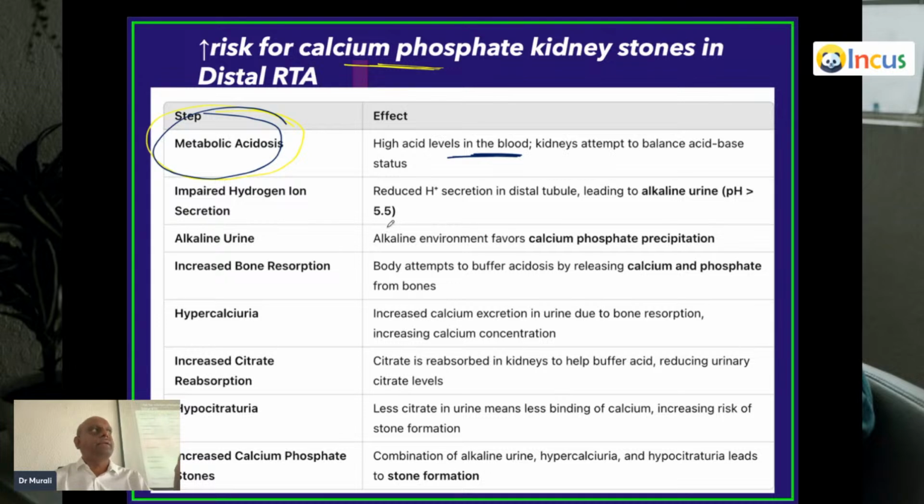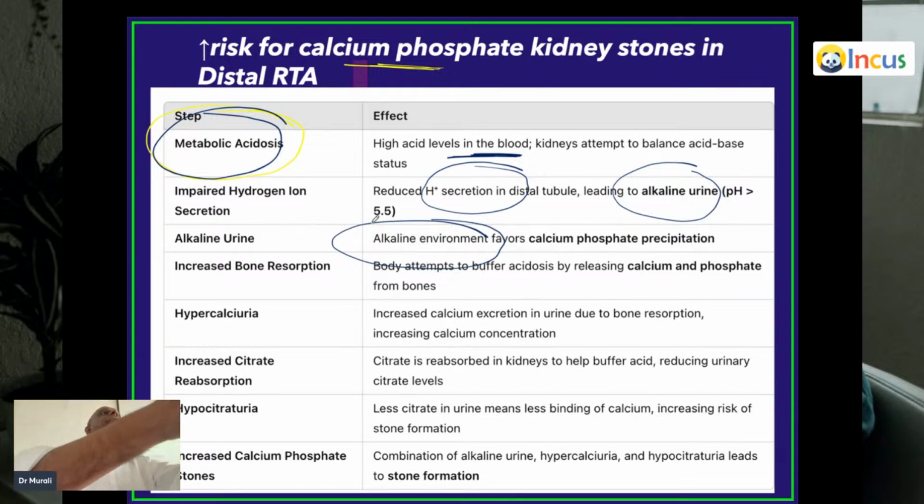The moment H plus is not secreted into the distal tubule, will the tubular fluid be alkaline or acidic? Alkaline. And this alkaline environment will favor calcium phosphate precipitating and forming a stone. Reason number one. Till now, no objection.